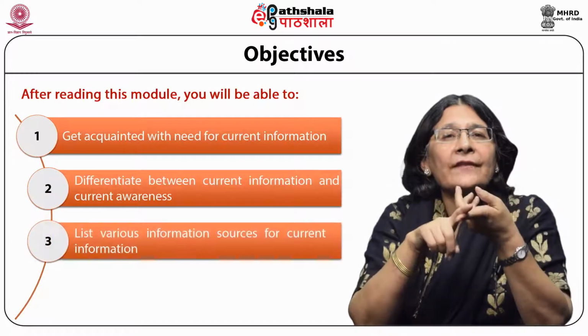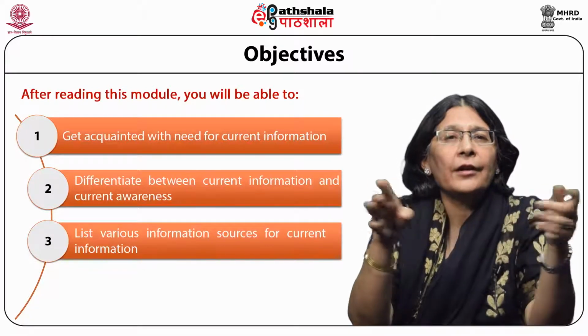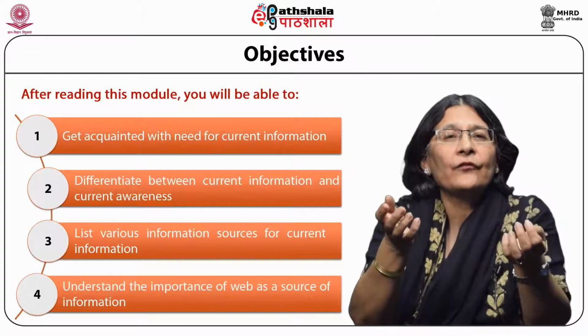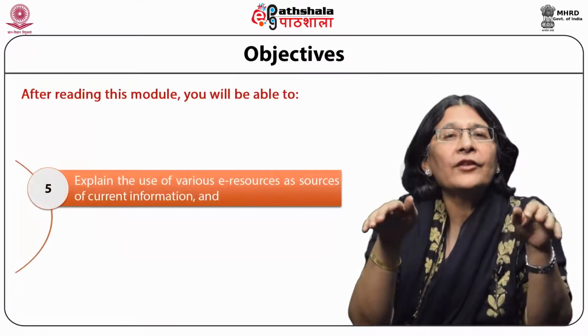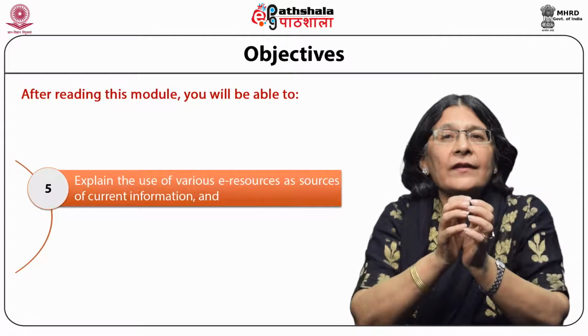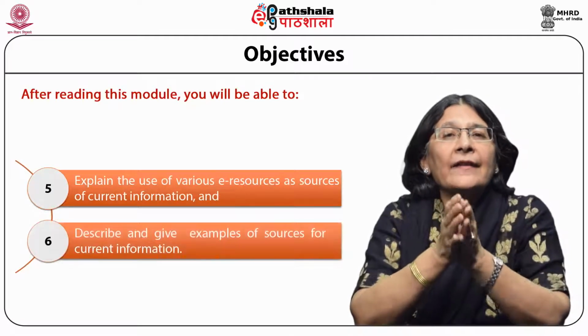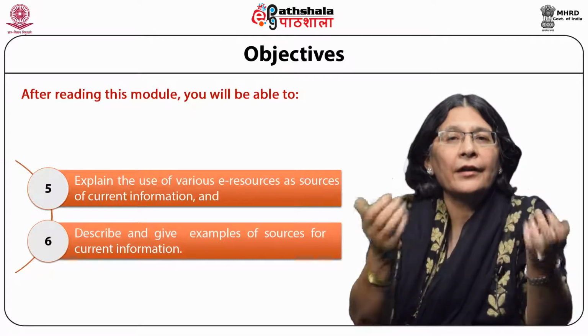You will be able to list various information sources for current information, understand the importance of web as a source of information, explain the use of different e-resources as sources of current information, and describe and give examples of sources for current information.